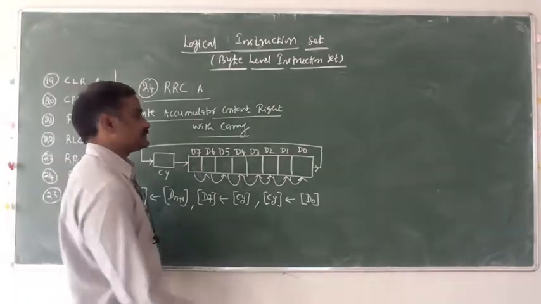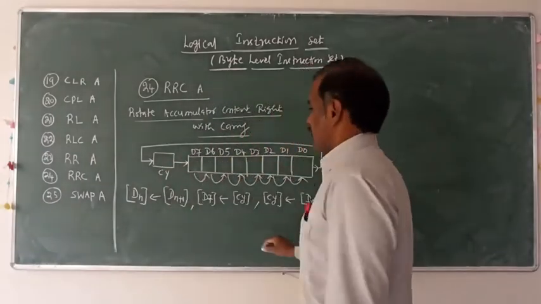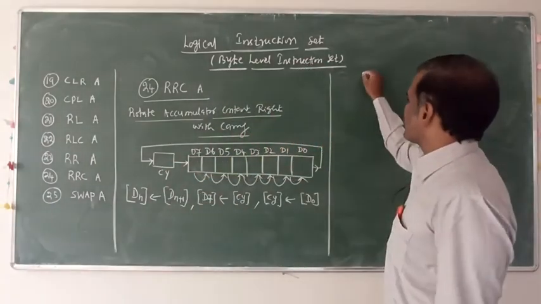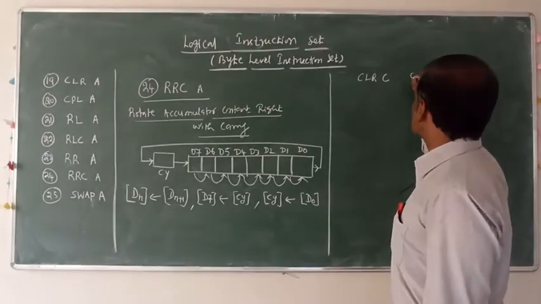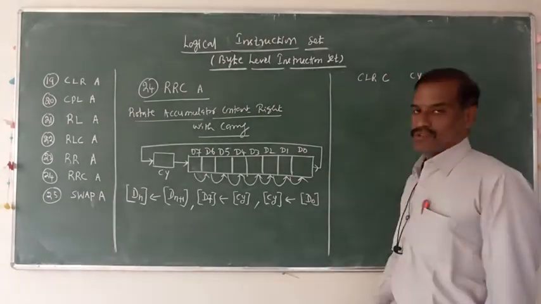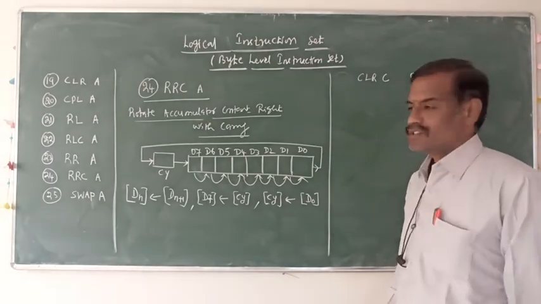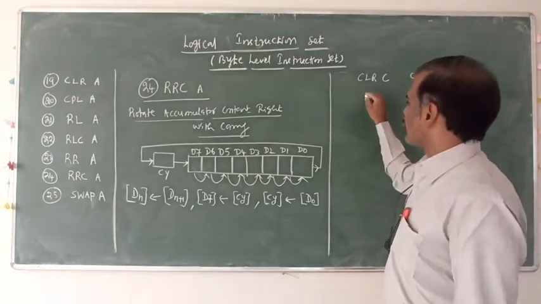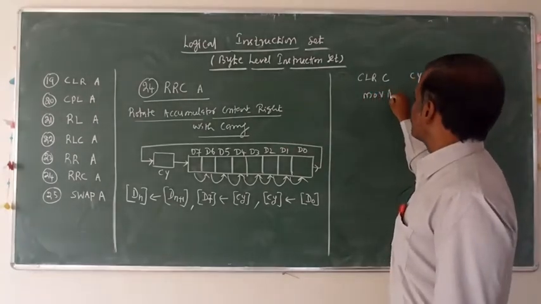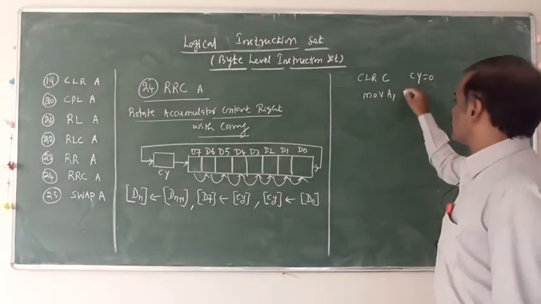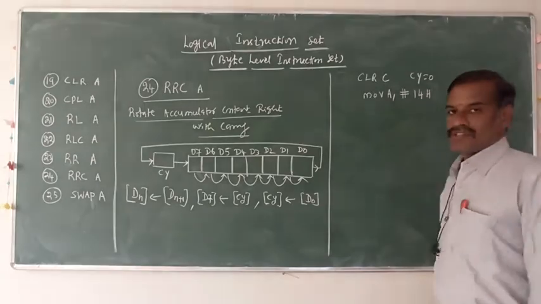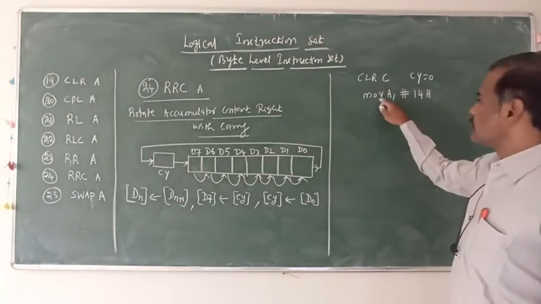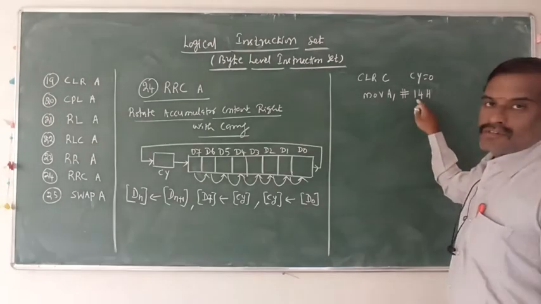Okay. Now first to clear the carry, CLRC, means now the carry Cy equal to 0. Now to set the accumulator content, MOV A comma hash 14H.